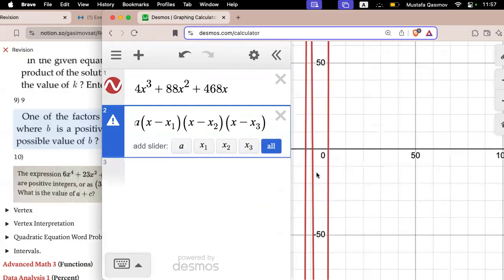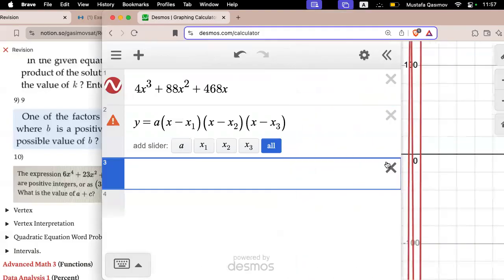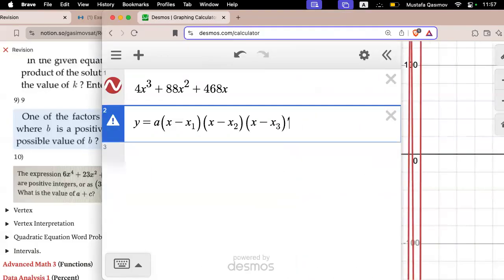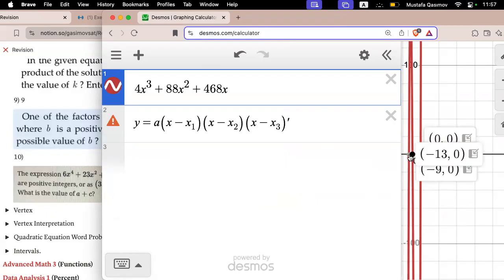Okay, like that. Okay. You can write it like this. Then you can take these x-intercepts 0, negative 9 and negative 13.